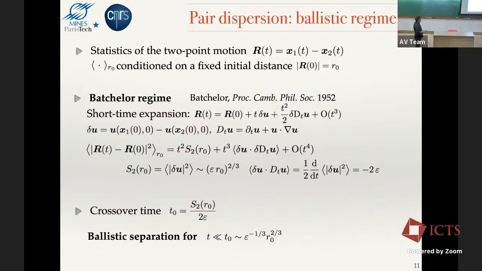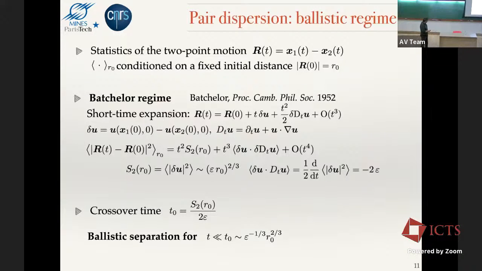Then I have subleading terms corresponding to the increment of the fluid acceleration between these two points. What I call delta U is the initial increment at time 0, the reference time where I fix the separation, and the acceleration is of course the material derivative of the velocity.